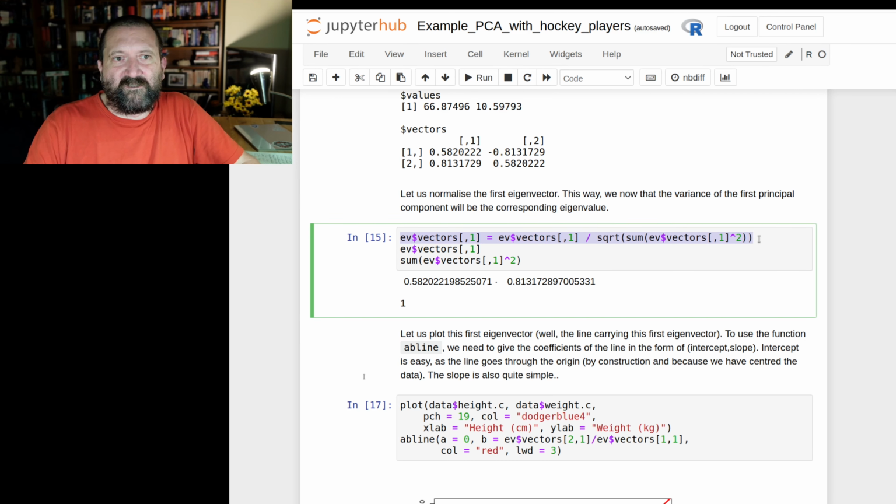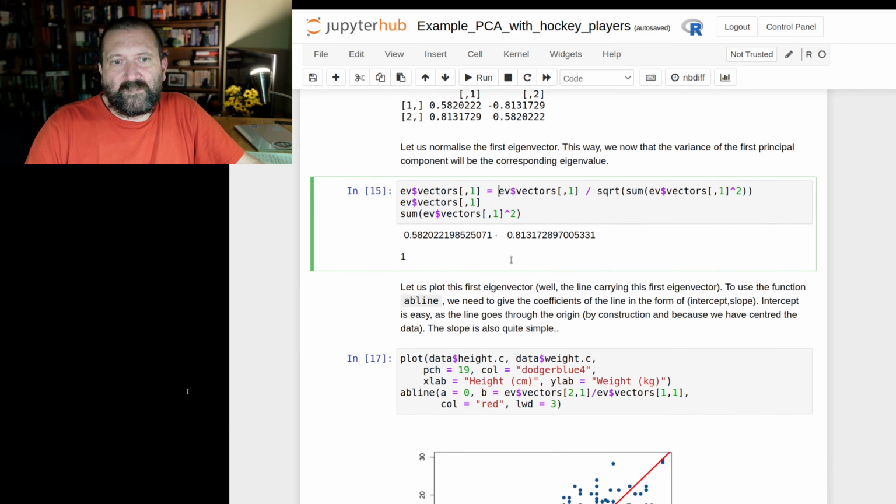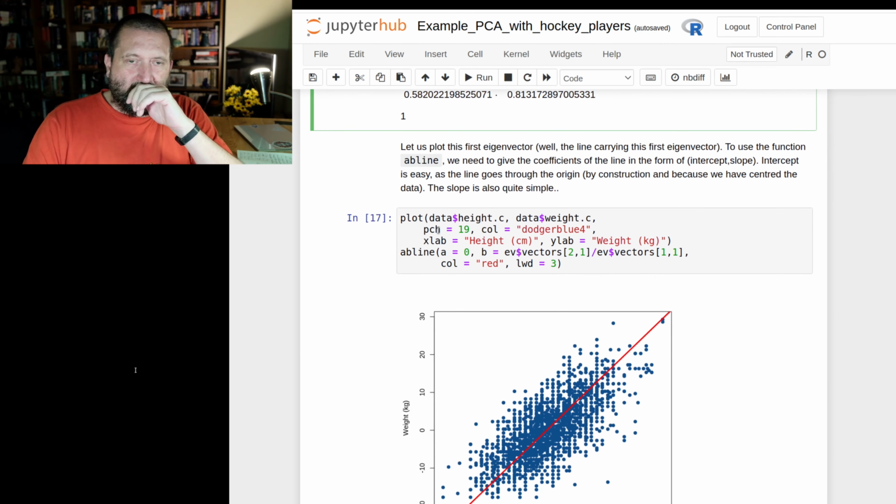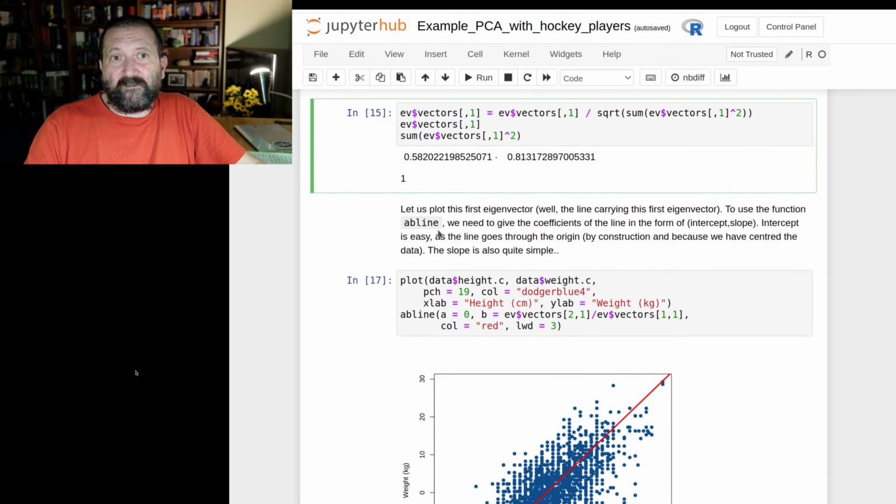I look at the first eigenvector, and I normalize it by dividing it by the square root of the sum of the squares, so by its norm. I do get this, and my vector indeed has norm 1. I am good. Now let's plot this eigenvector.